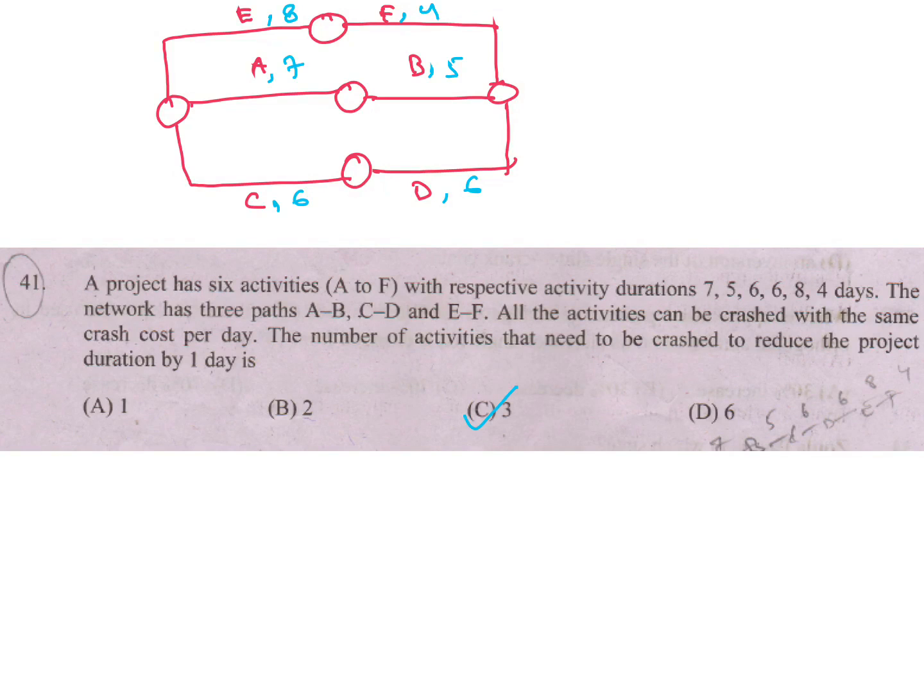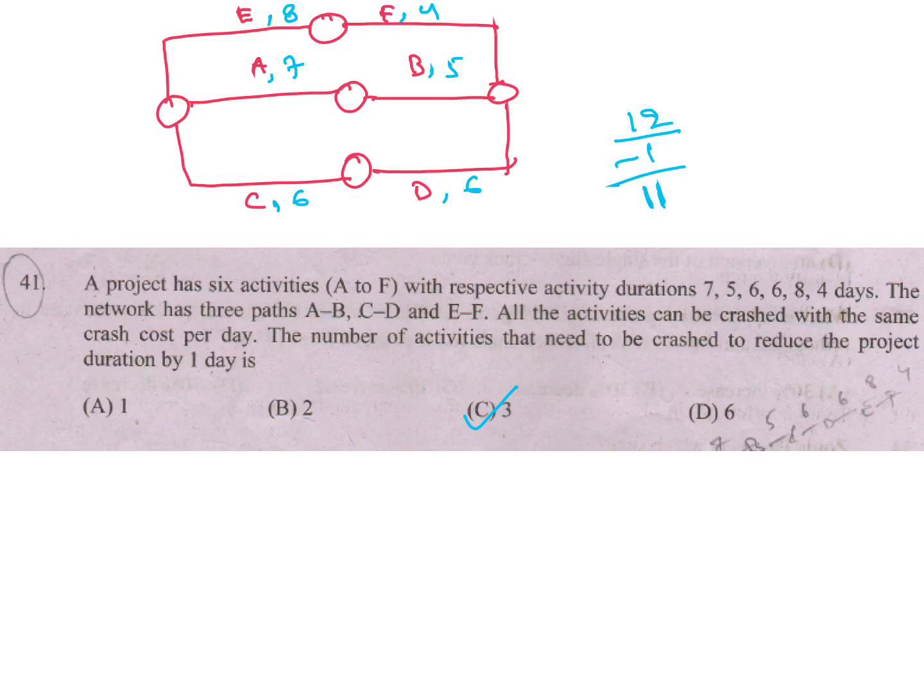The critical path project duration is 12 days. You have to reduce by 1 day. So within 11 days you have to finish the project.